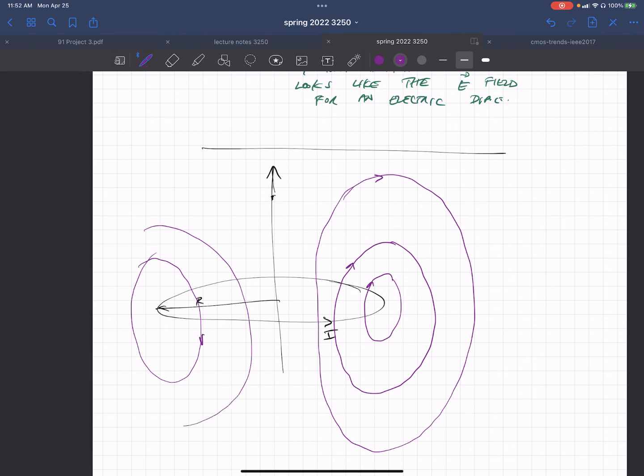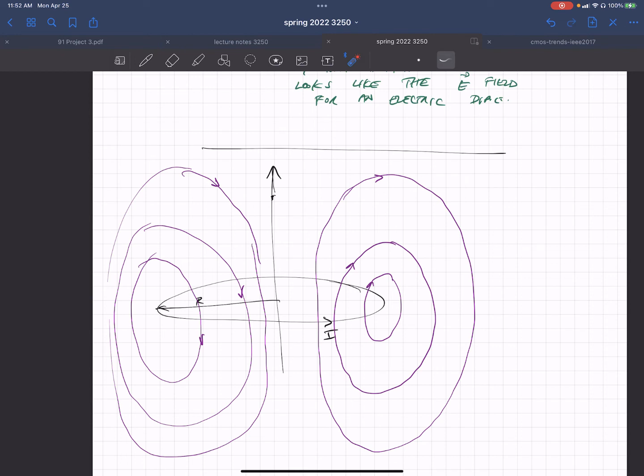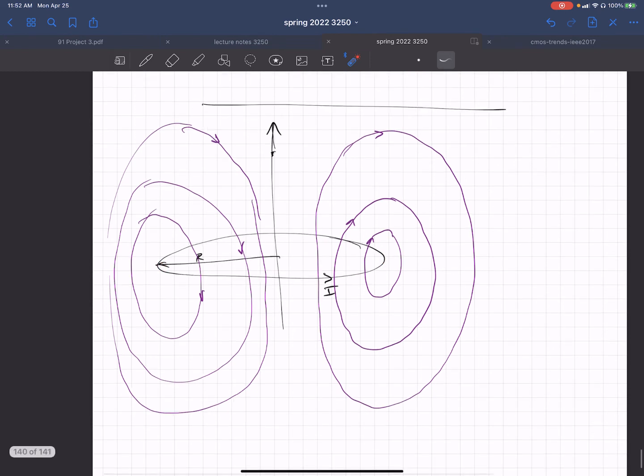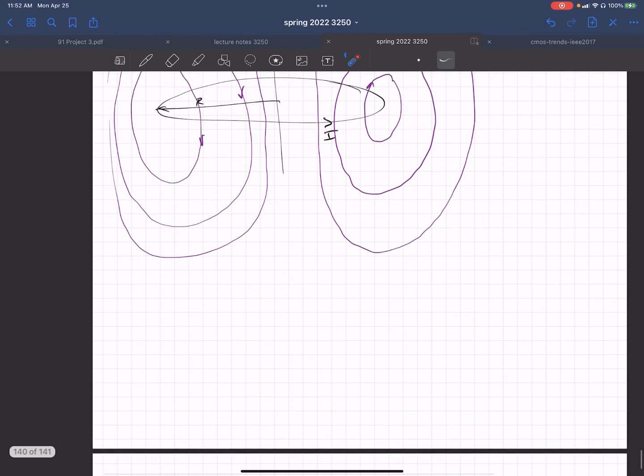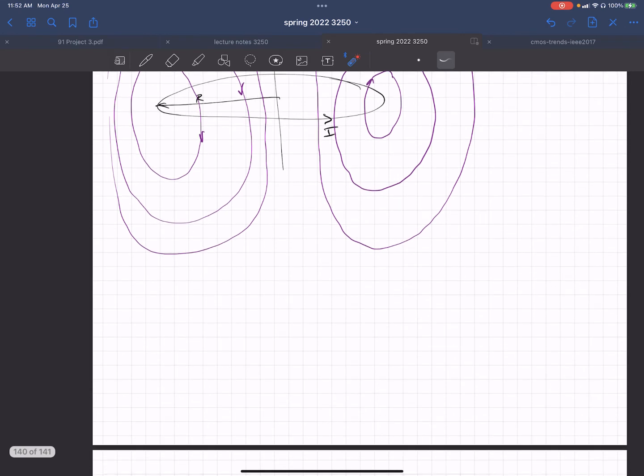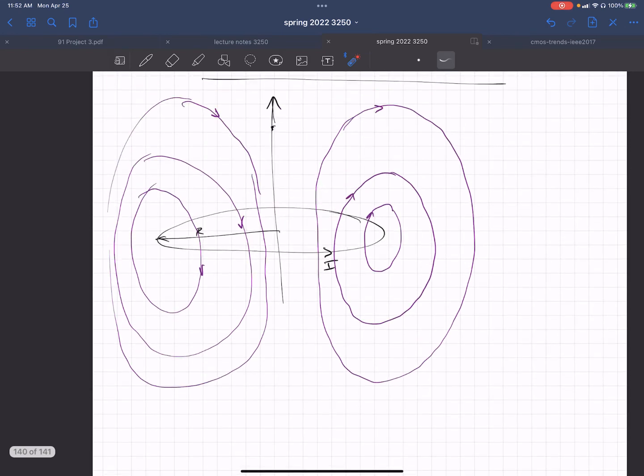So again, that would look very much like the electric field lines of a dipole, with the exception that with the magnetic dipole, you're looking at a loop with a current going through it, and not individual charges. Okay, so I just wanted to mention that in terms of the magnetic fields.